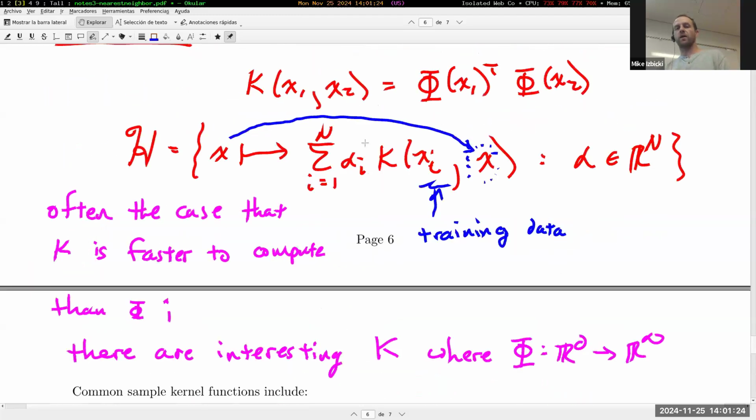In practice, when you're in this dual form like this, the first entry, the first parameter to the kernel function, is one of your training data points. And the second entry over here, x, is the parameter that you're actually trying to classify, passing into the function. So the kernel function, just like the phi function, takes in data points from the data space.